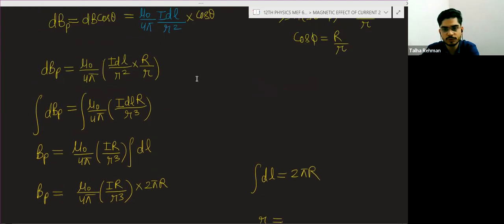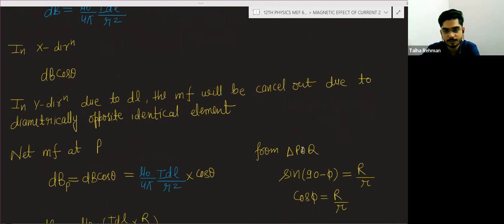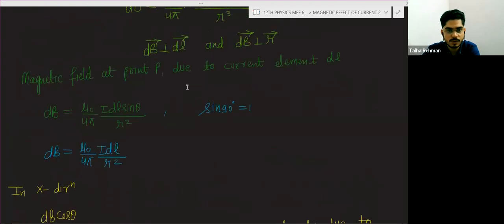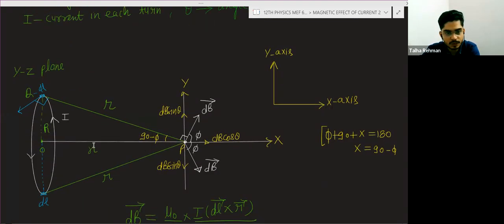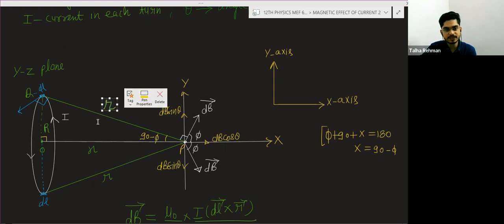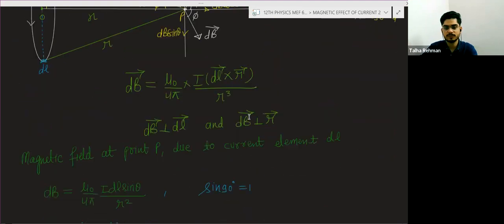Now you have to go to this triangle POQ again. In this triangle, this angle is 90 degrees, so this will be your hypotenuse. According to the Pythagoras theorem, small r square can be written as R square plus x square.